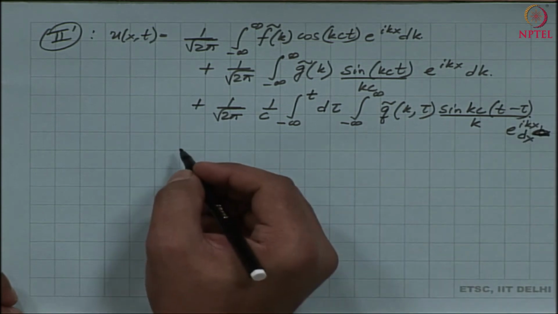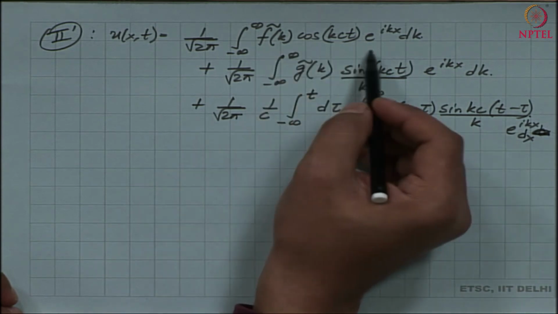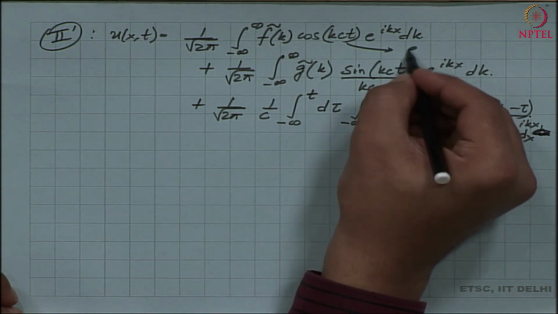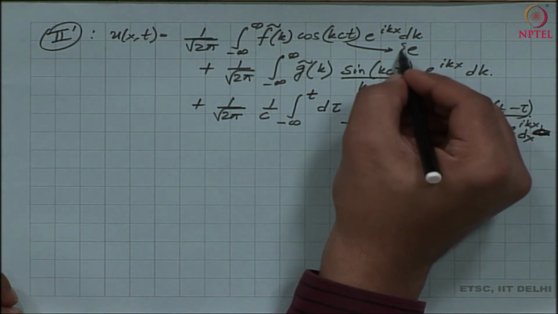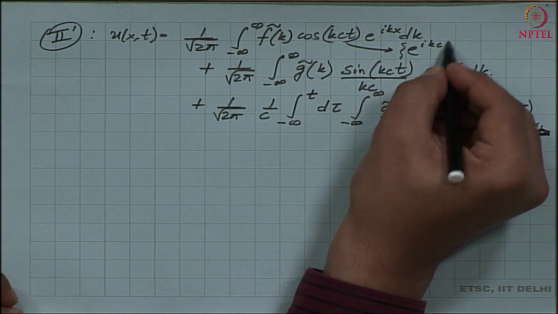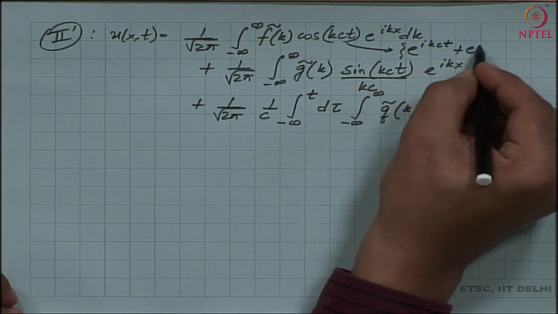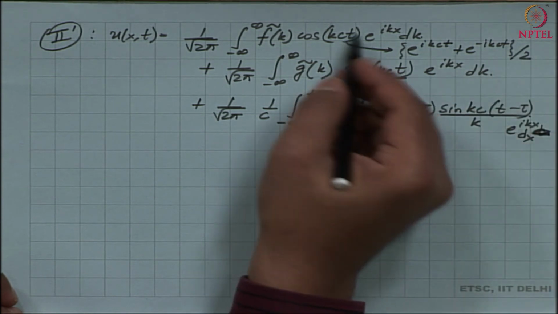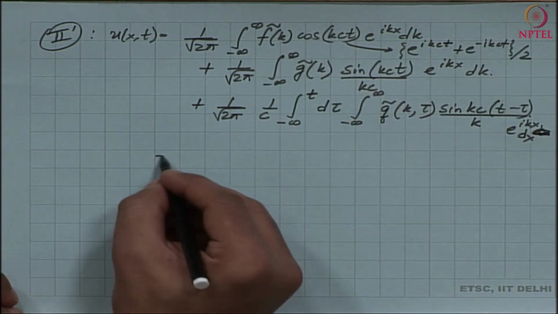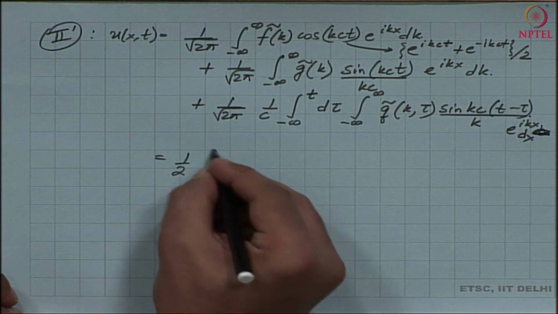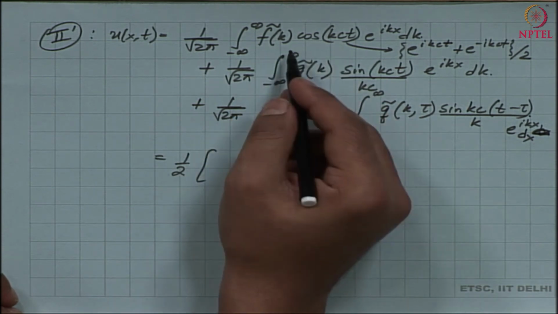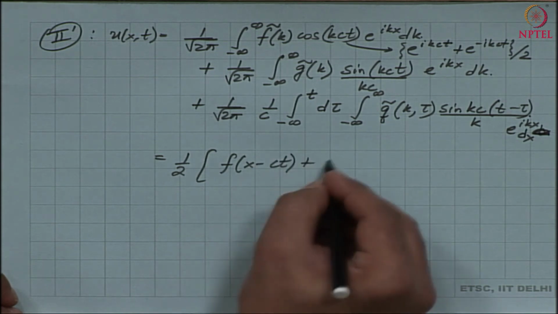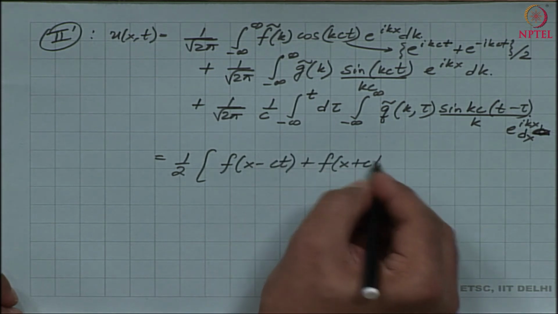Note that in this first case, if I replace this cos by e to the power I k c t plus e to the power negative I k c t divided by 2, then this first expression is nothing but half of the inverse Fourier transform of f of x minus c t plus f of x plus c t.